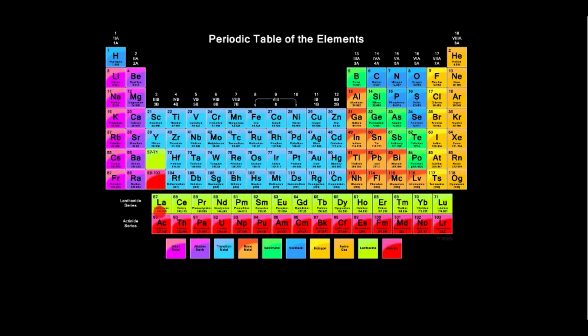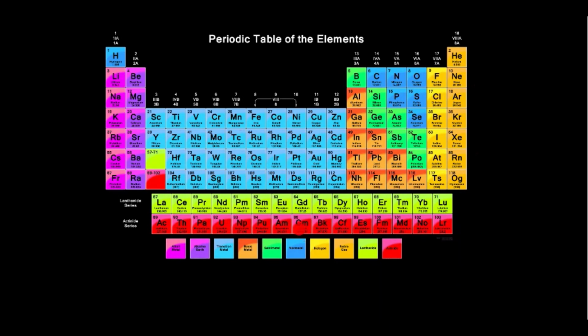Similarly, lanthanide and actinide series, that is the two rows which are present at the bottom of the periodic table, they are known as F block. They made the F block. The reason is since their valence electrons are present in F subshell. Valence electrons of F block elements are present in F subshell.